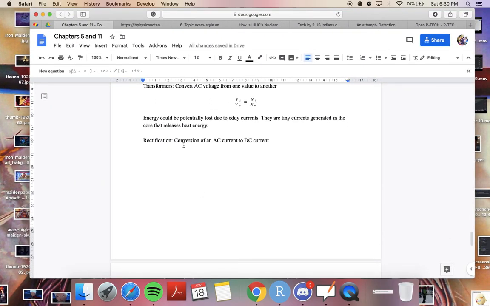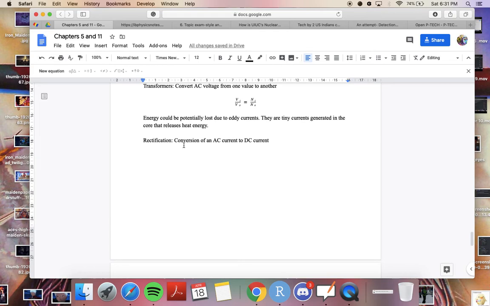And in the last part of 11.2, we have rectification. So rectification is a method using which we can convert AC current into DC current. Why do we do that? Well, most of our appliances actually work on DC current, so it kind of is needed.